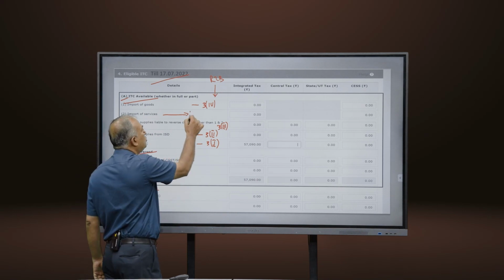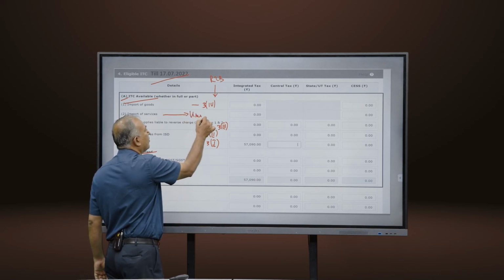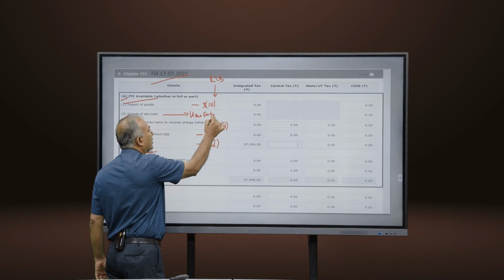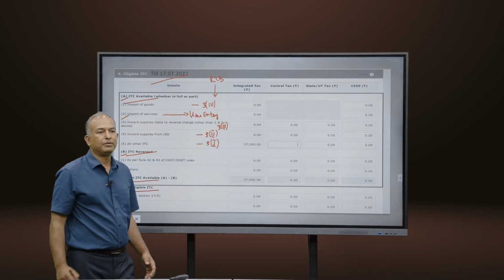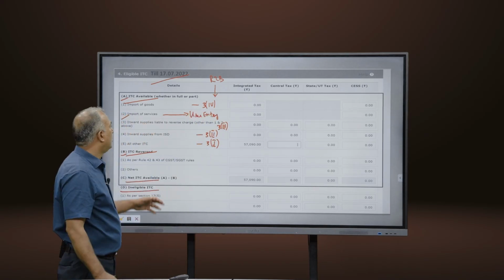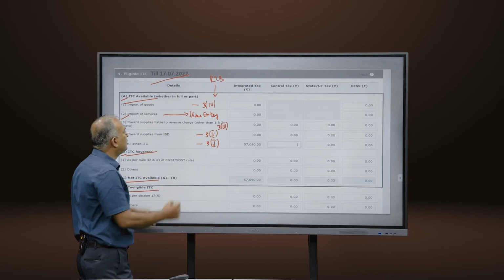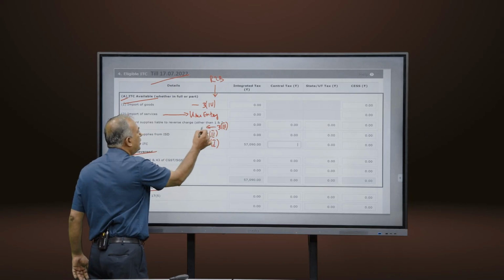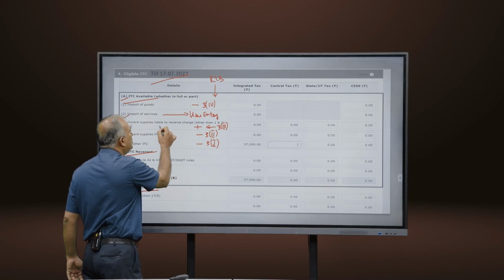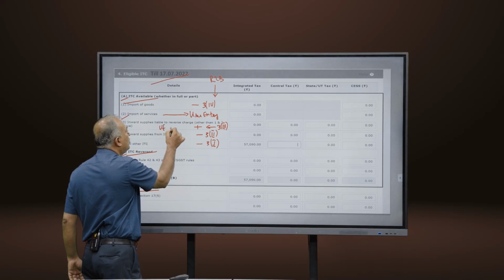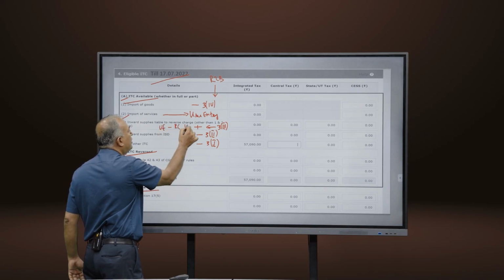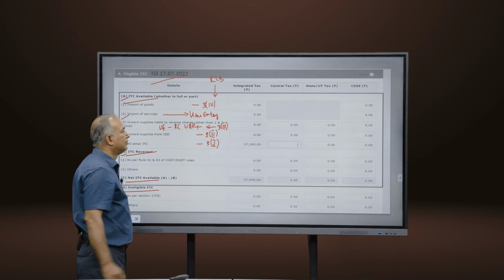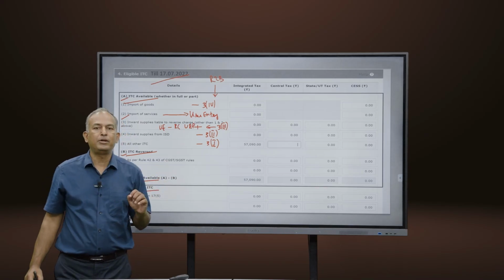This becomes a user entry. Now this user entry, along with the auto-populating portion, can also include a user entry pertaining to reverse charge from an unregistered person. So these are the two user entries that come into table 4.